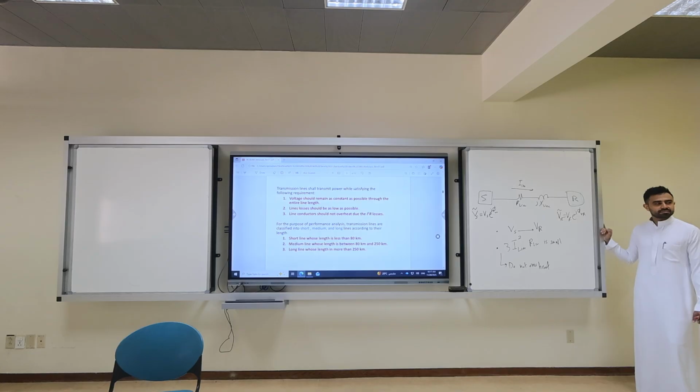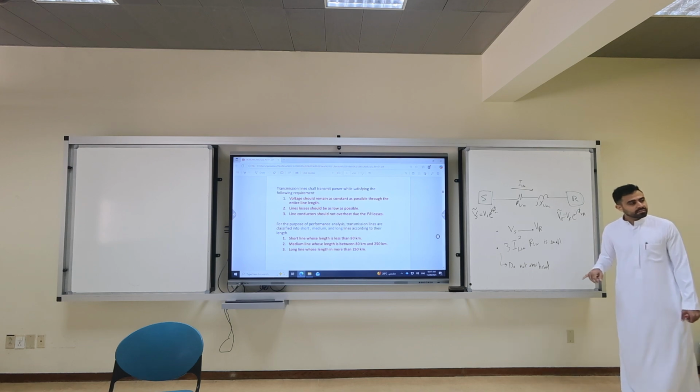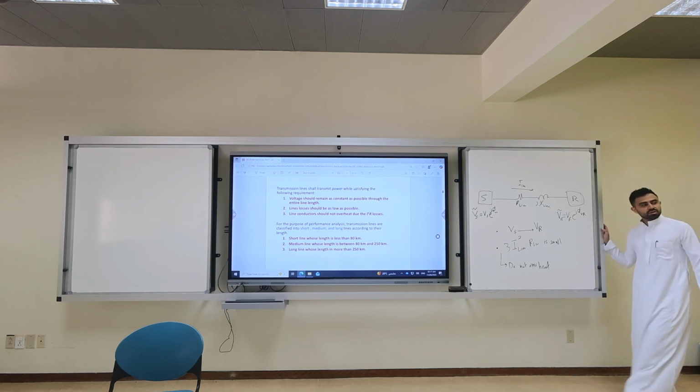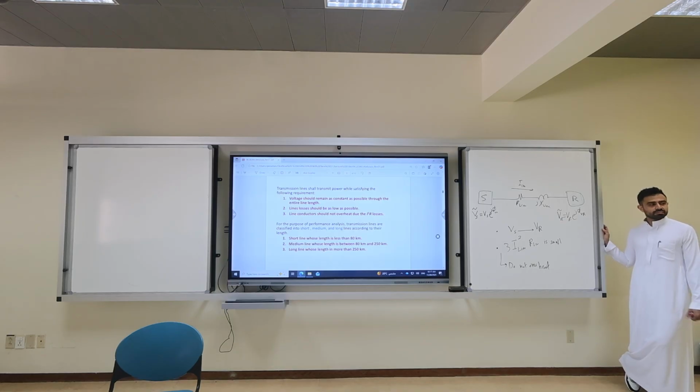Across the line, the losses will be in megawatts, 1 mega. The line will transfer 100 megavar. How do we transfer enough power if the line current is small? Yeah, because the voltage is huge.